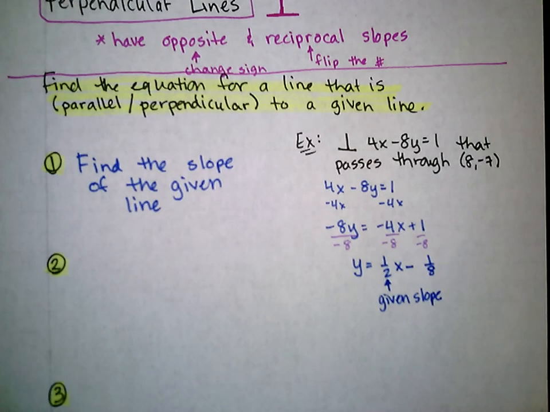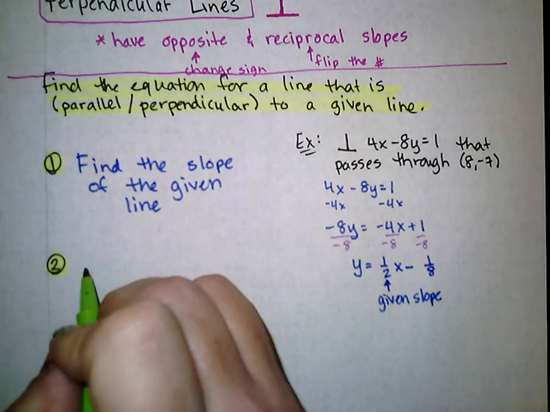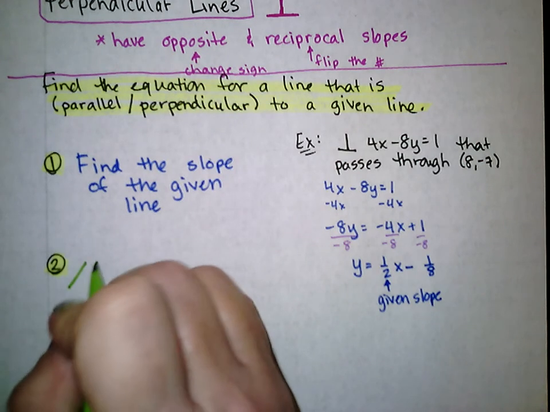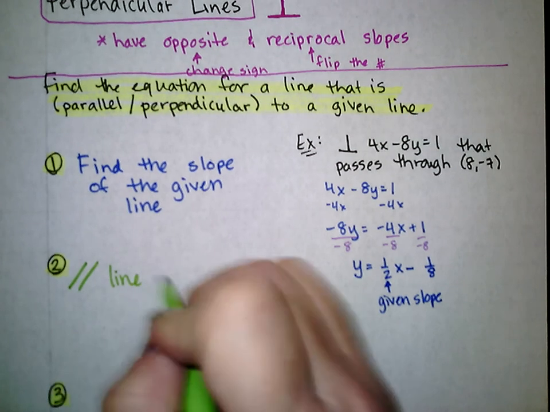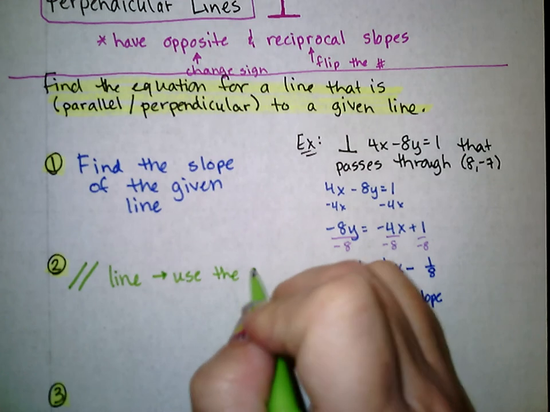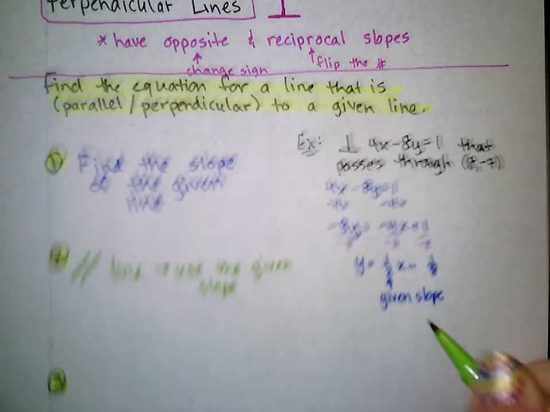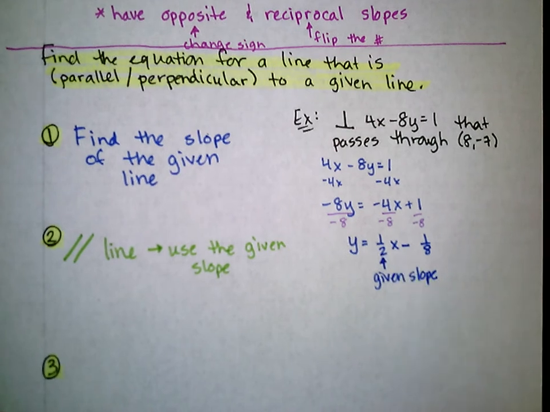Once I know that slope, then I have to pay attention to whether they want me to find parallel or perpendicular. So if they want you to find a parallel line, then we are going to use the slope you just found. So if we were looking for a parallel line, I would use a slope of 1/2.